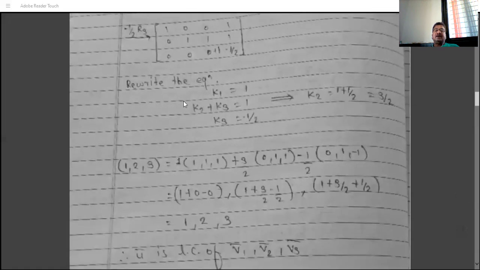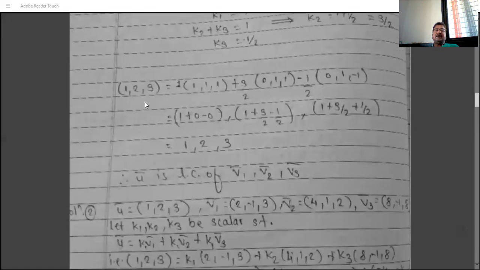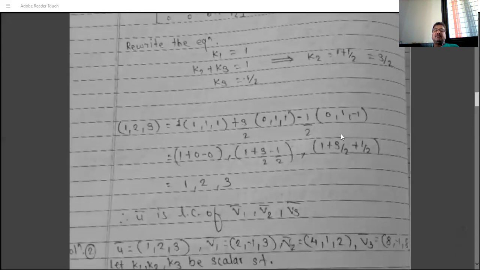If you consider this whole matrix, it is an echelon form of the matrix AB, and it contains again 3 non-zero rows, so the rank of AB is also 3. So in this case, the system is consistent. That is, we have at least one value of K1, K2, K3, and therefore we say the vector is a linear combination of the remaining vectors.